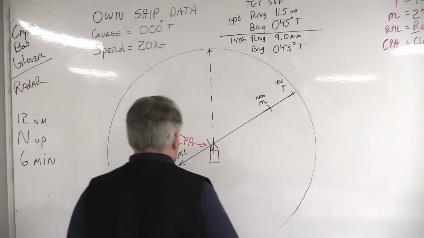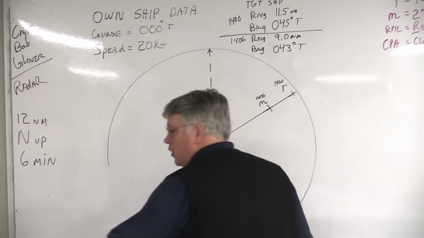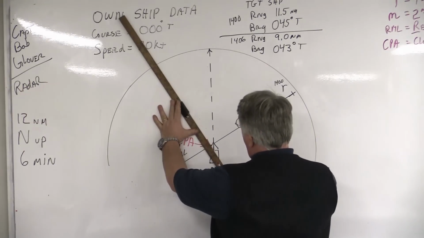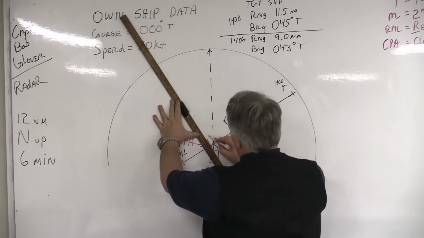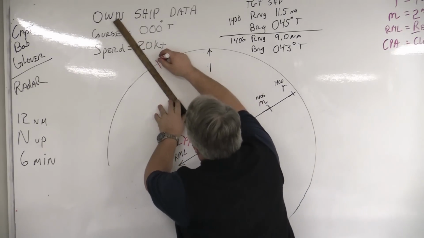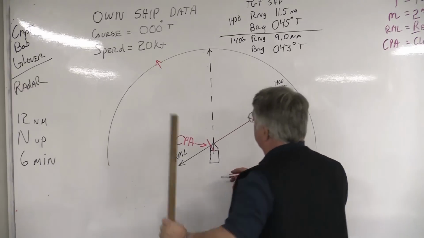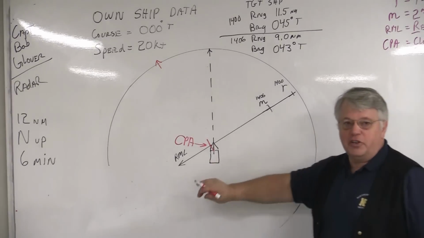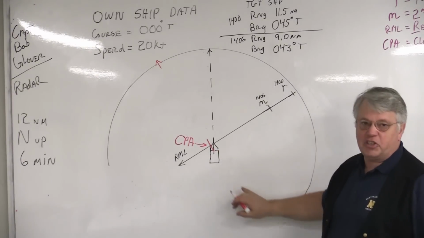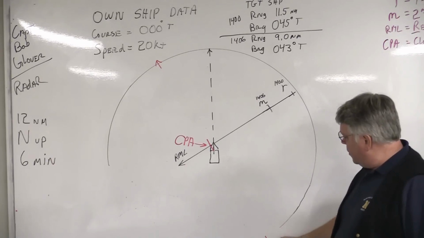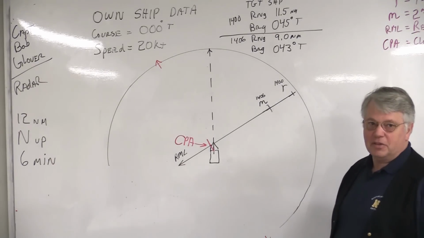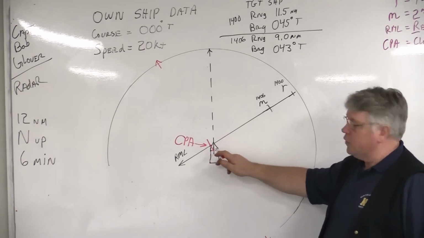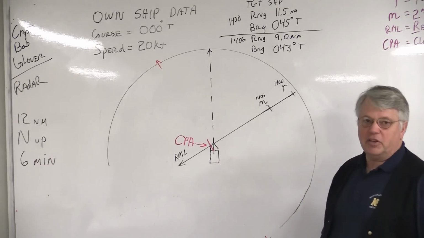So in this case, in order to get relative bearing, you're going to take your straight edge, go from our ship out to the point of CPA, and read what that bearing is out here, okay? The relative bearing is from us to the object. What I don't want you to do, gentlemen, is give me the reciprocal. The reciprocal would be down here somewhere, and sometimes that happens. People measure it from the CPA back to the ship, and that's not correct. So we always want to go from our ship out to the point of CPA.